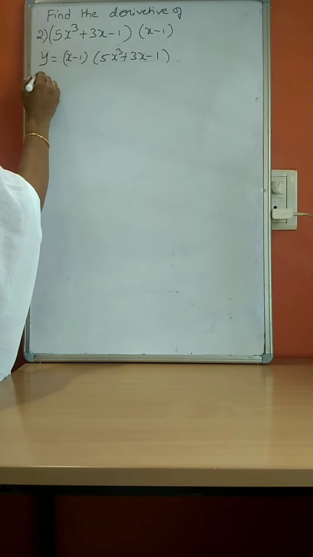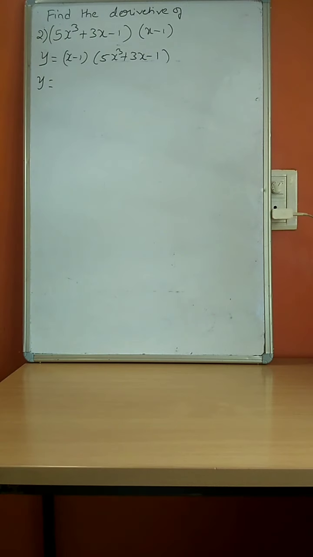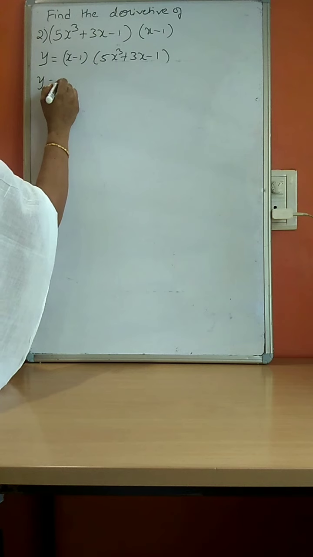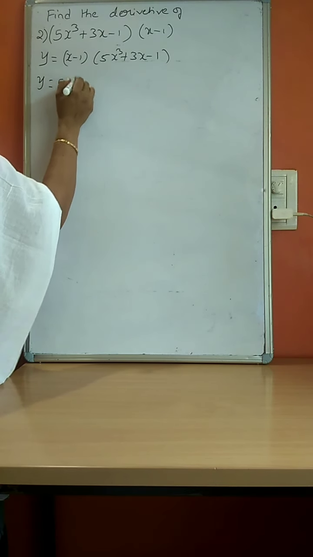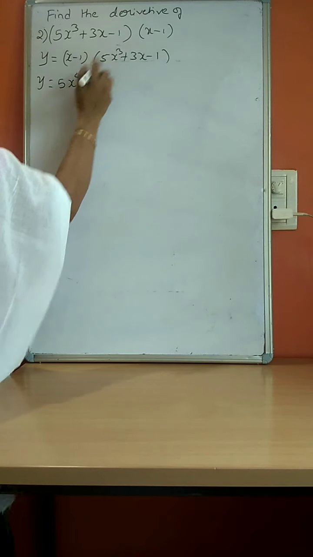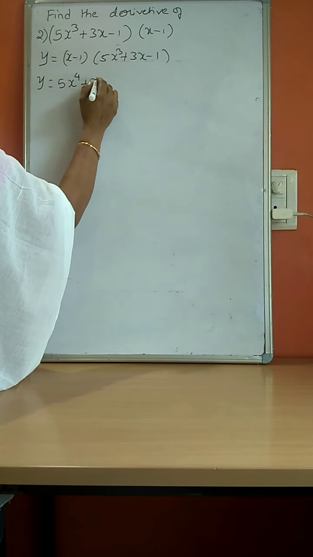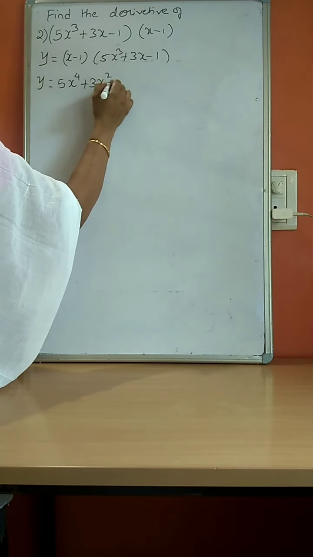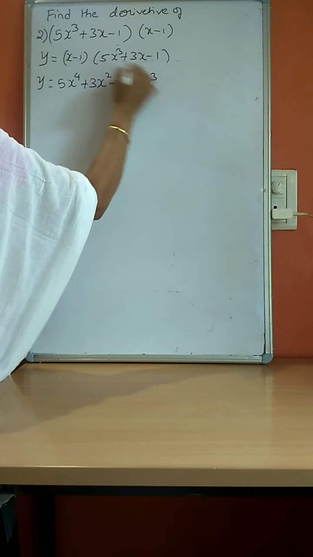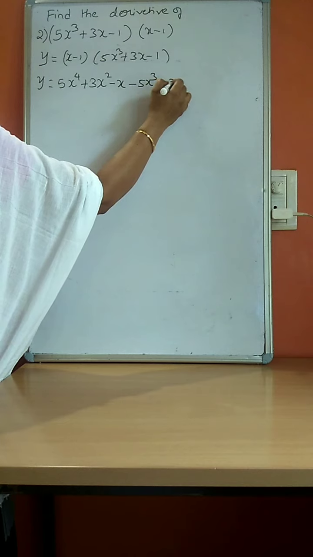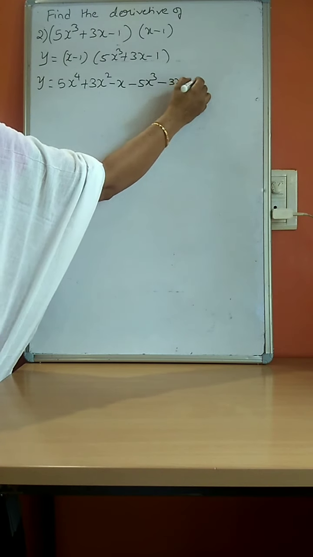y must be equal to 5 into x, 5x cube into x is x to the power of 4, plus 3 into x is 3x square, minus x minus 5x cube minus 3x plus 1.